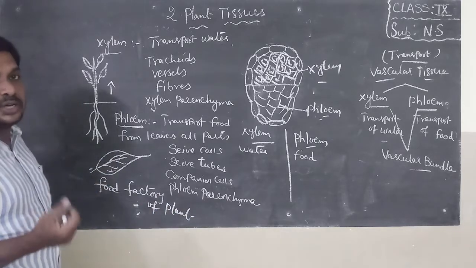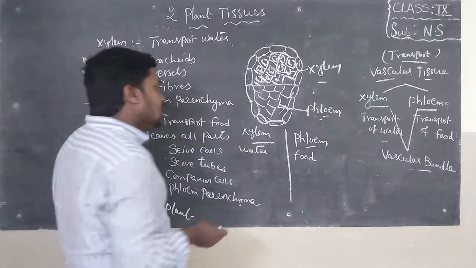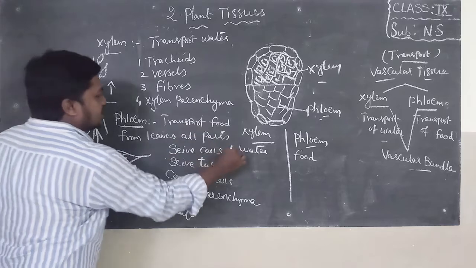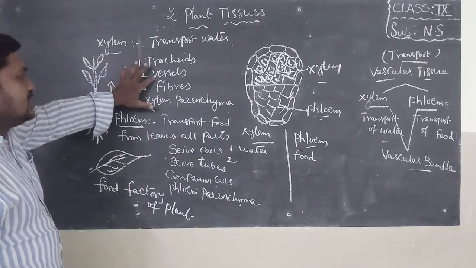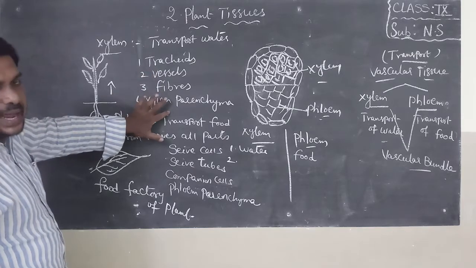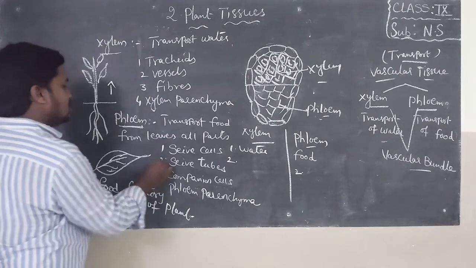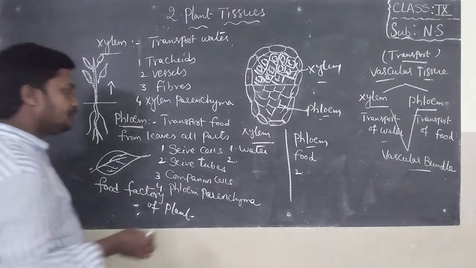This manufactured food is transported to all parts of the plant with the help of phloem. Xylem consists of 4 types of cells. Write down, this is the second point. Xylem consists of tracheids, vessels, fibers, xylem parenchyma. Phloem consists of sieve cells, sieve tubes, companion cells, phloem parenchyma.